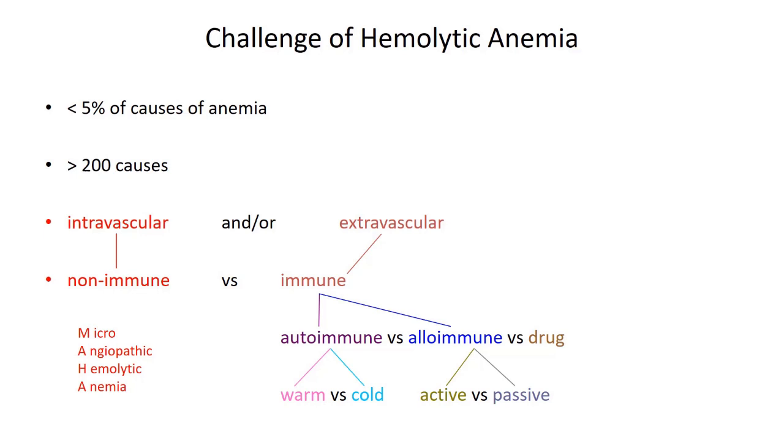So passenger lymphocyte syndromes, for example, fall under the umbrella of active alloimmune hemolytic anemia.